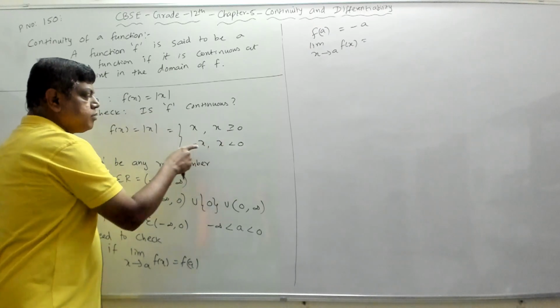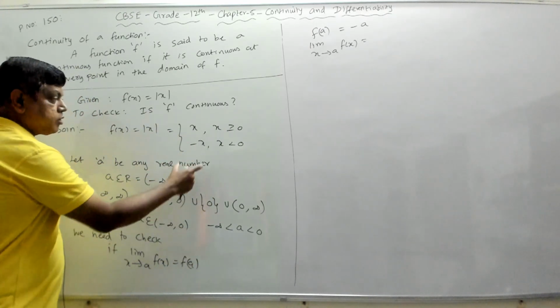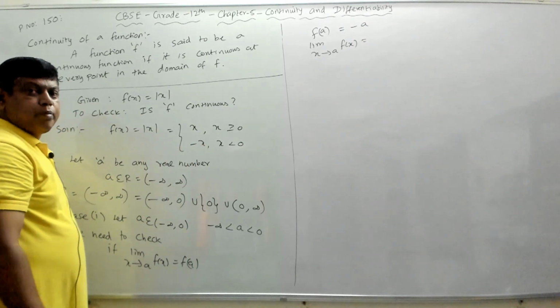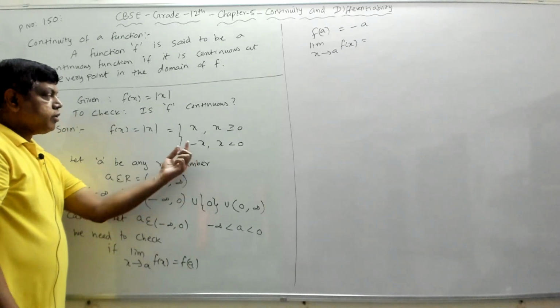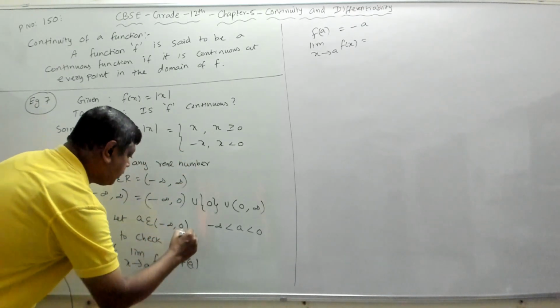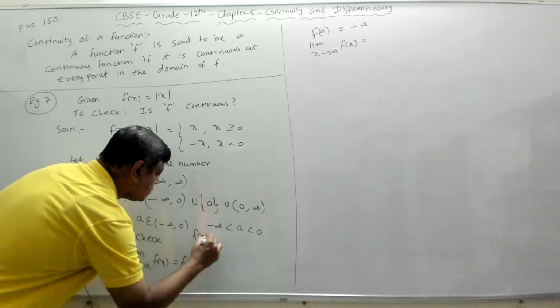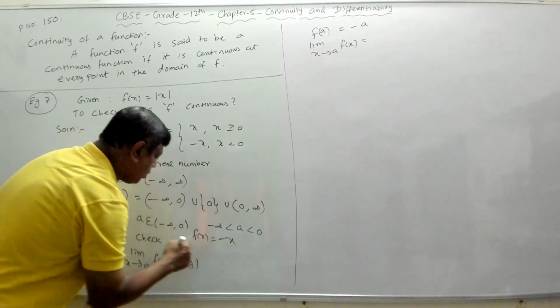For all negative numbers we are going to use only this function because your a is coming from this. So when a belongs to this, our f of x is minus x.